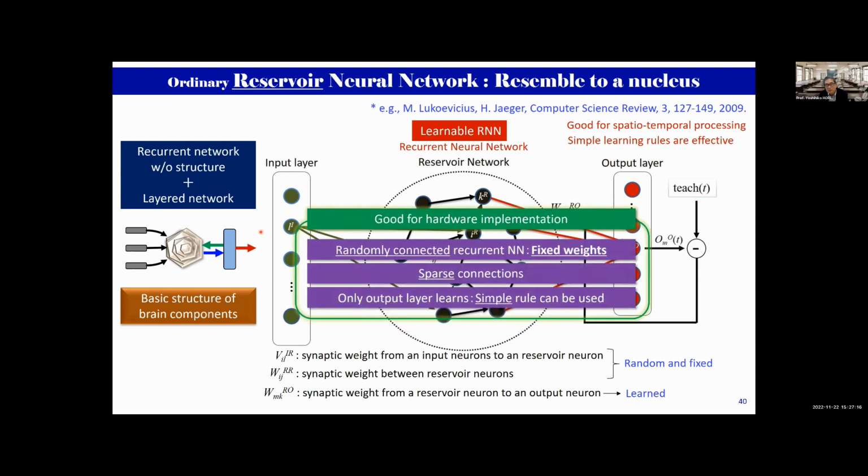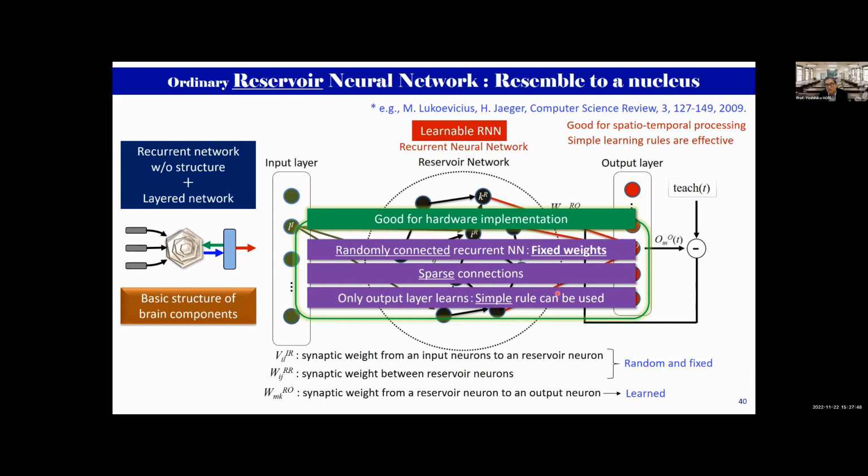From the hardware point of view, this reservoir network is very suitable for hardware implementation, because, as I said before, it is a randomly connected recurrent neural network whose connections are fixed, and those connections are very sparse. Only the output layer is subject to simple learning.